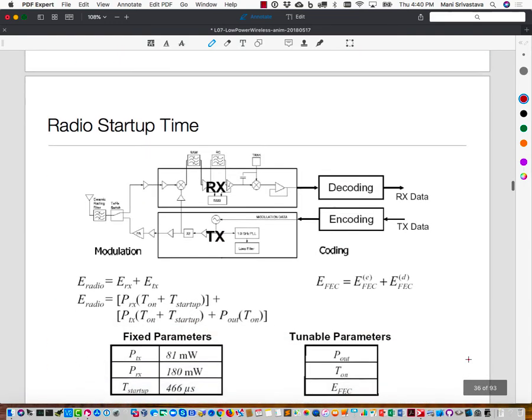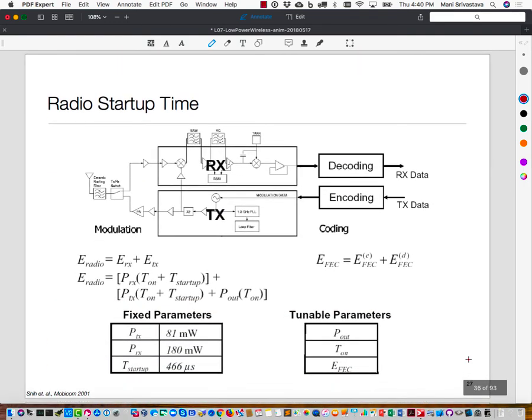Okay, so another issue which comes up in duty cycling radios is radio startup time. We glossed over this when we said the receiver wakes up every so often and turns on. But when the radio wakes up, it's a piece of electronics which has capacitors and inductors and stuff like that. So they need to power up, the clock needs to power up, all those things.